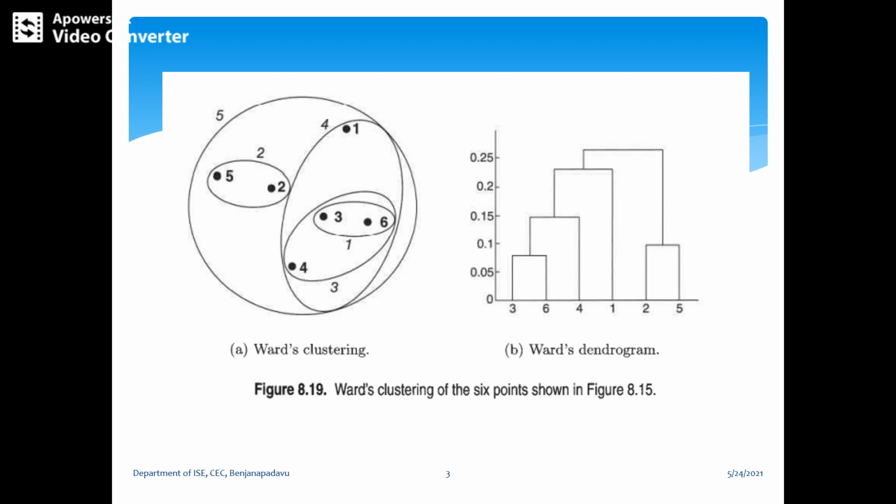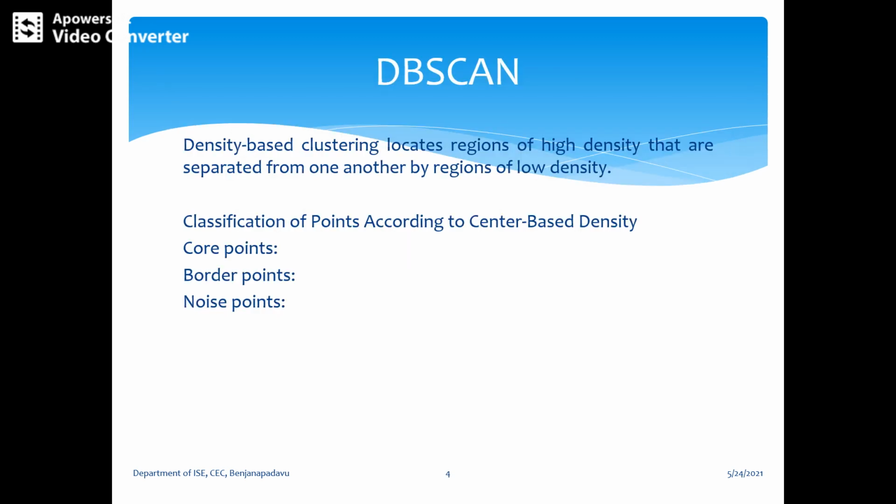Now we are going to discuss the DBSCAN algorithm. Density-based clustering locates regions of high density that are separated from one another by regions of low density.